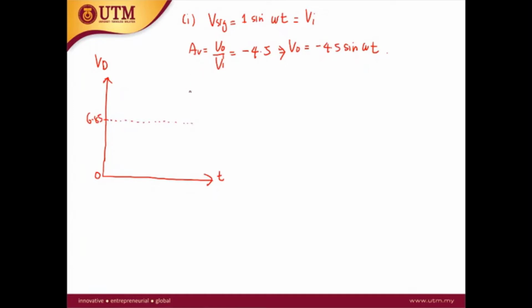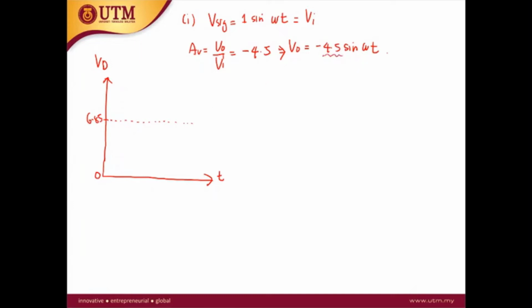When we add the AC signal, this Vd will oscillate with a peak voltage of 4.5 volt.